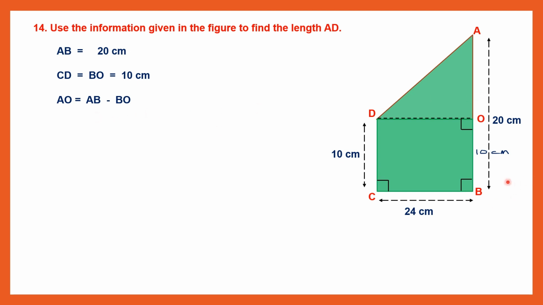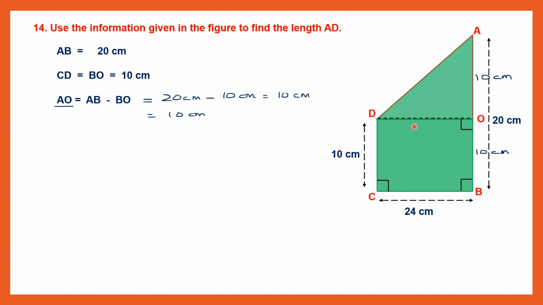AO is equal to AB, the whole thing, that is 20 centimeters, minus BO, that is 10 centimeters. 20 minus 10 is 10 centimeters. So we have found AO to be 10 centimeters. Let's write it in the question.